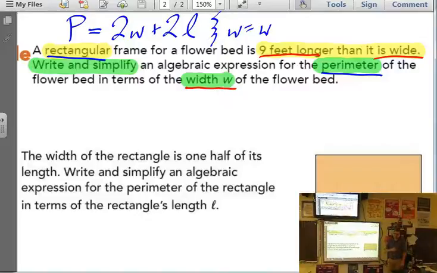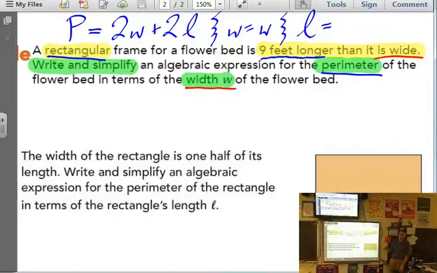Do we know what the length is? No, but we do know something about it. Lily? It might be longer than the width, so you could do 9L plus W. Now that would be 9 times the length plus the width. So when something is 9 feet longer, how do I make something longer mathematically?